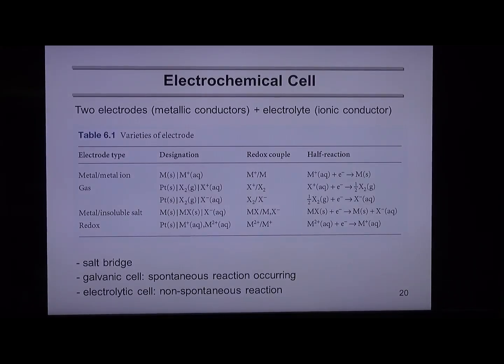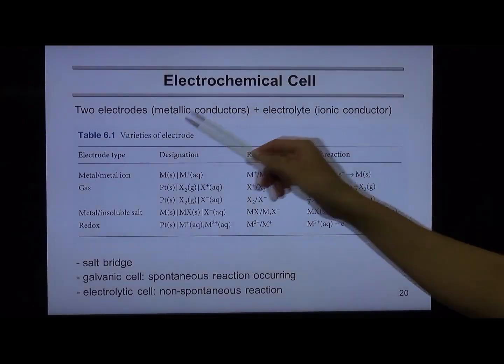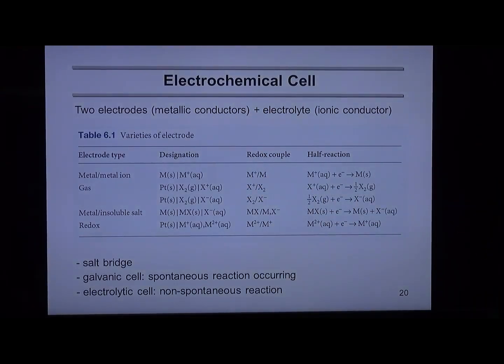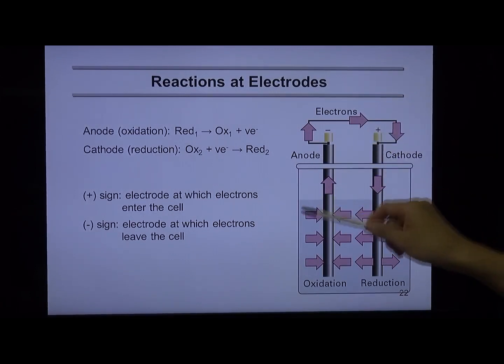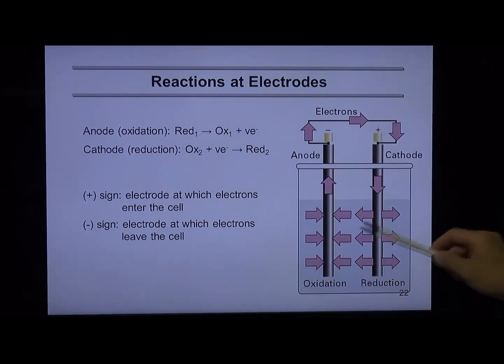An electrochemical cell consists of basically two electrodes and electrolyte. Very simple. So basically it looks like this: two electrodes, anode and cathode, and electrolyte. The electrolyte can be shared by these two electrodes, or it can be used separately.